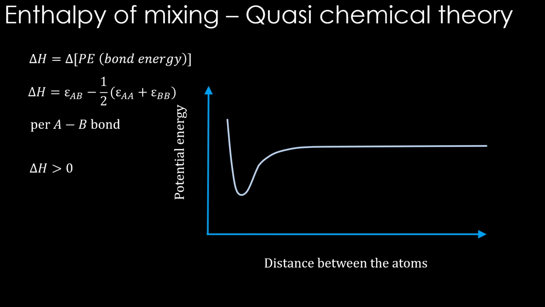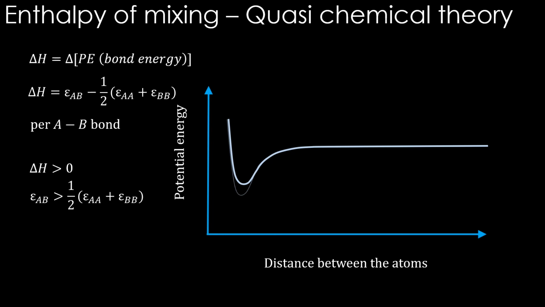If this value is positive, it means that the AB bond energy is higher than the average bond energy of AA and BB. Then the curve is going to shift upwards. It also means that the bond between AB is weaker than AA or BB. Remember, the more negative the bond energy, the stronger the bond.